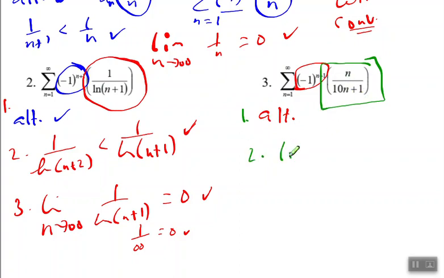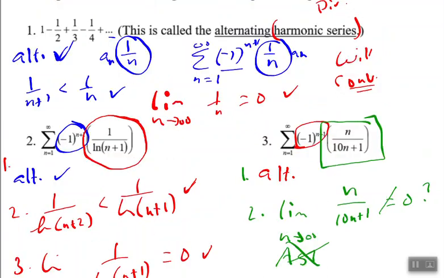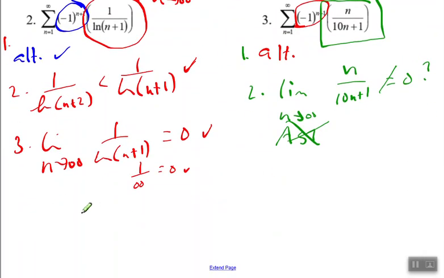Actually, that's most of the time what we really need to focus on: is the limit of n over 10n plus 1 as you go towards infinity 0? No, it is not. So we would say not equal to 0. Therefore, we cannot use the alternating series test. The alternating series test is not true to show that it converges. It does not show that something converges or diverges.